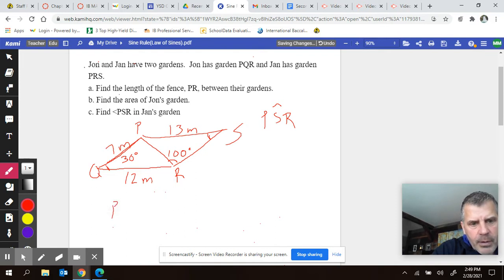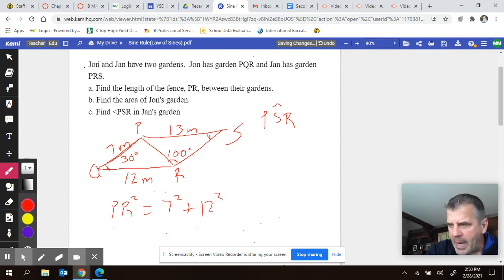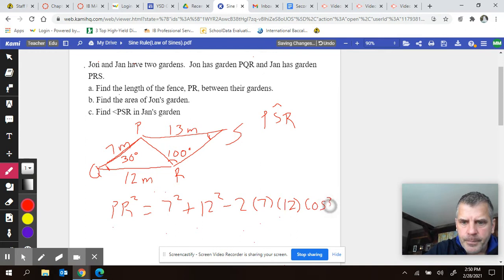We're going to say that PR squared is equal to, and now we use our subsequent sides: 7 squared plus 12 squared, and then minus 2 times 7 times 12 times the cosine of 30. So there's our setup within this relationship.